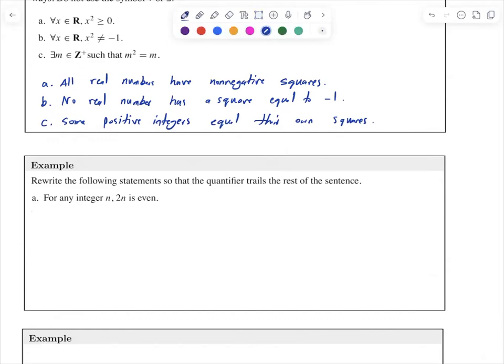We can write it this way, so pay attention. 2n is even for any integer n.